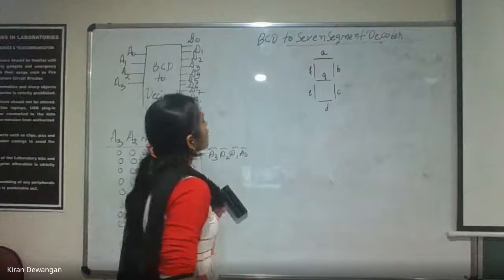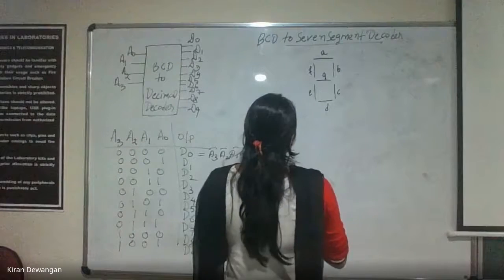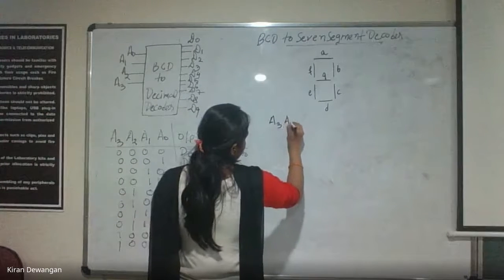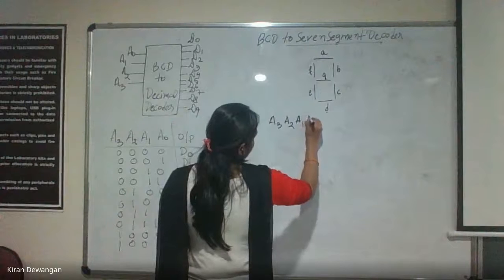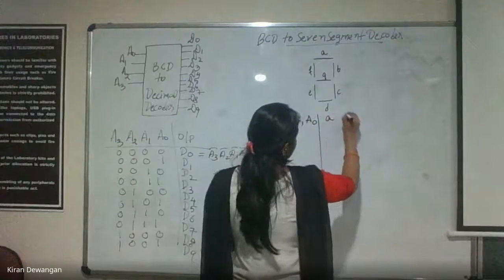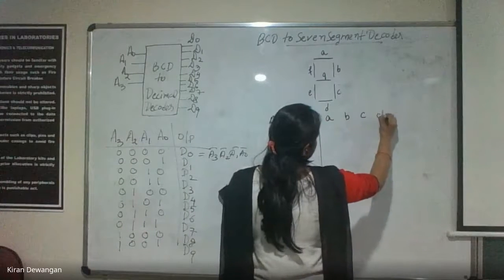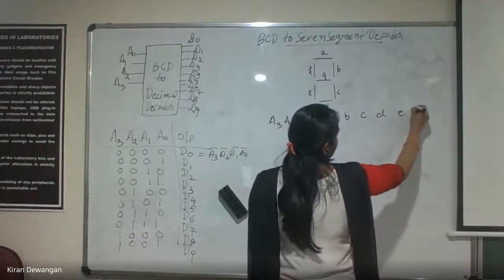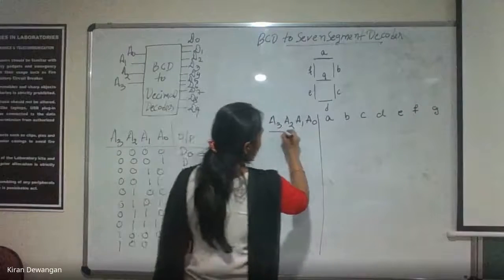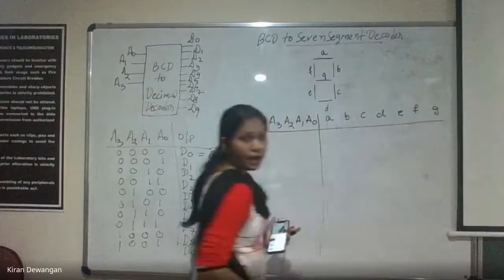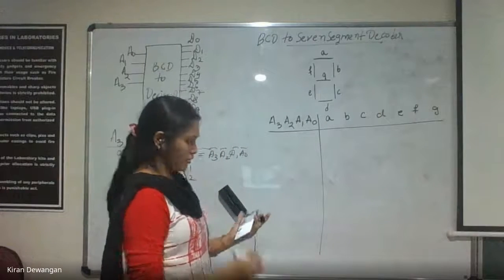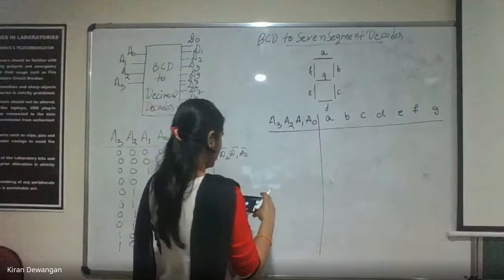Okay? So here when we are giving A3, A2, A1, A0, we'll be getting the outputs A, B, C, D, E, F, and G. These are the outputs that go high depending on the combinations of A3, A2, A1, and A0.